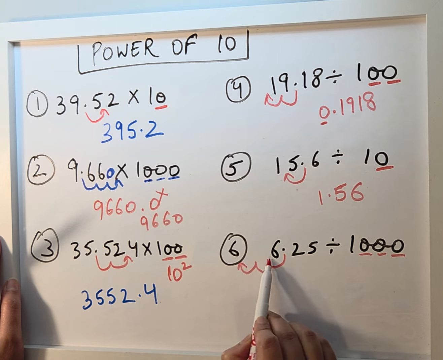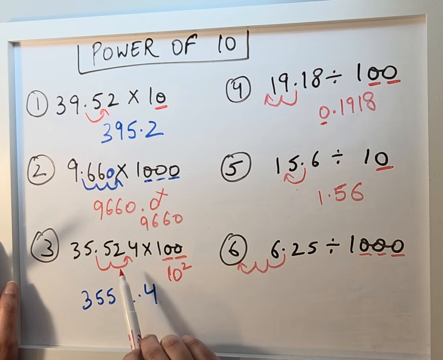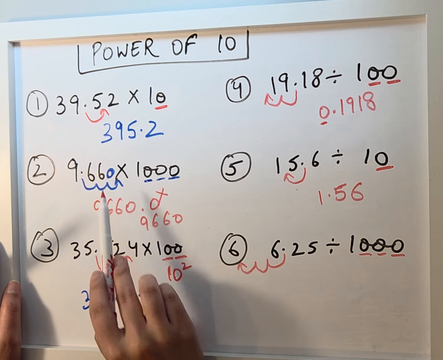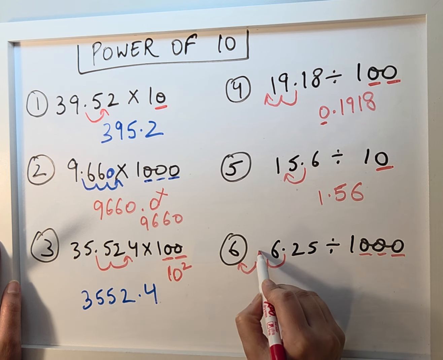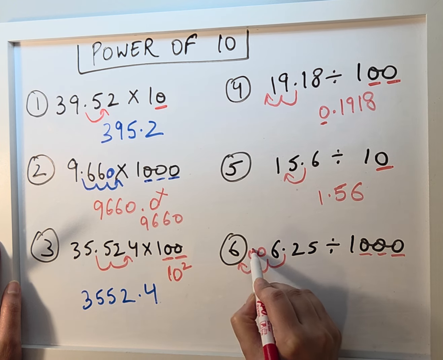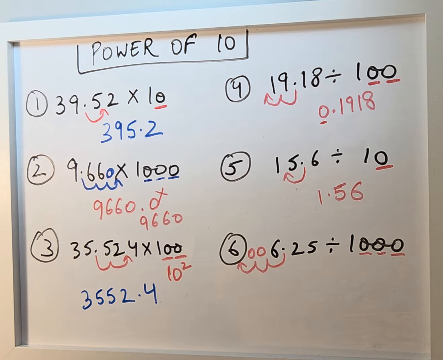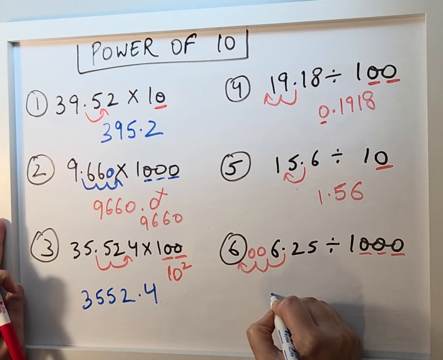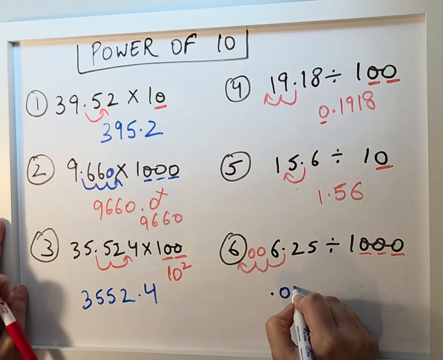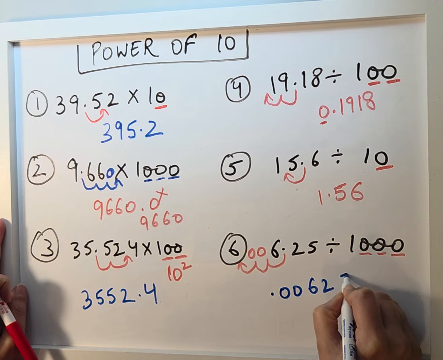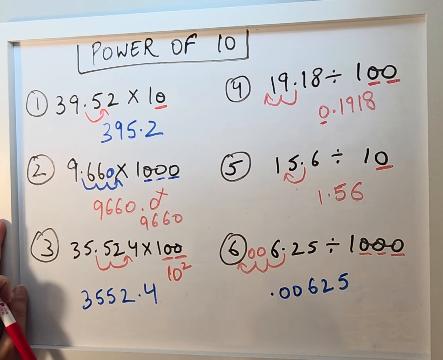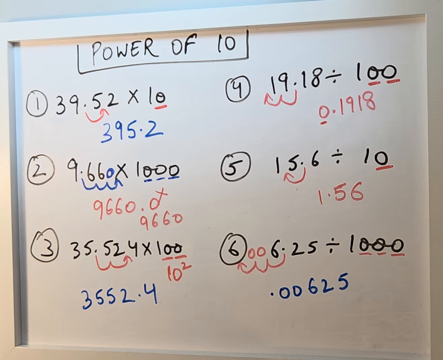Here in the empty spaces we can fill zeros. So now our value becomes 0.00625.